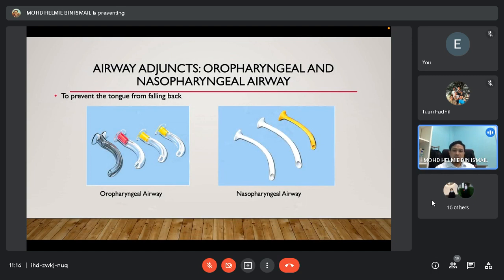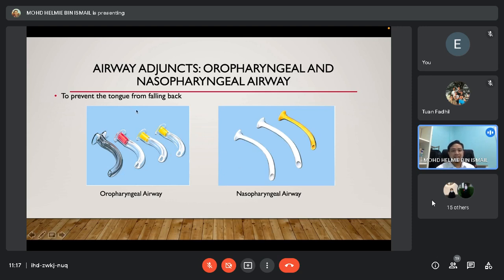And then we have airway adjuncts. We have the oropharyngeal airway and also the nasopharyngeal airway. When you open up the airway using head tilt chin lift or jaw thrust, sometimes you don't maintain the airway. So if the patient still has stridor, even though you open up the airway, you need to use this.